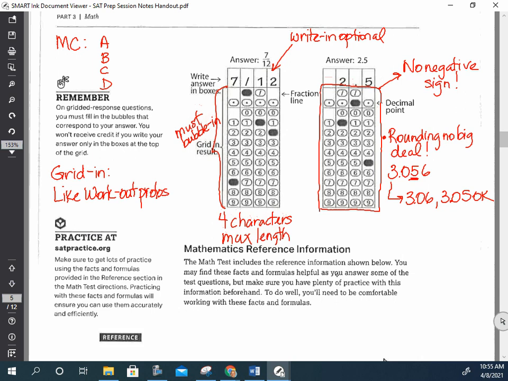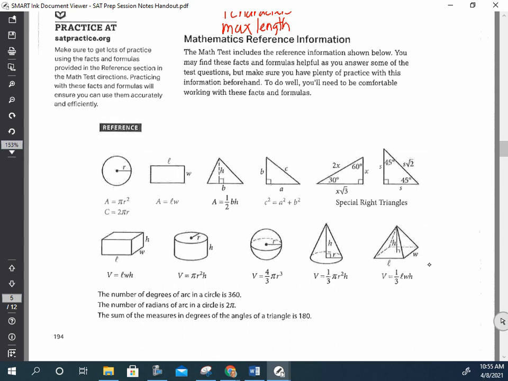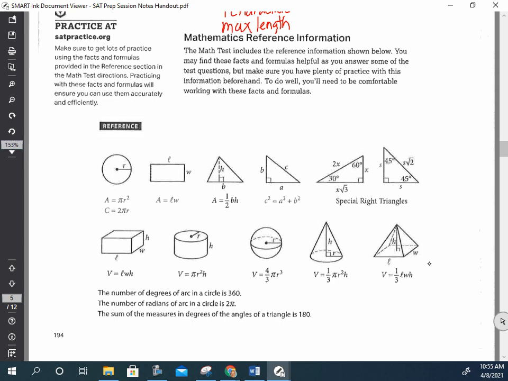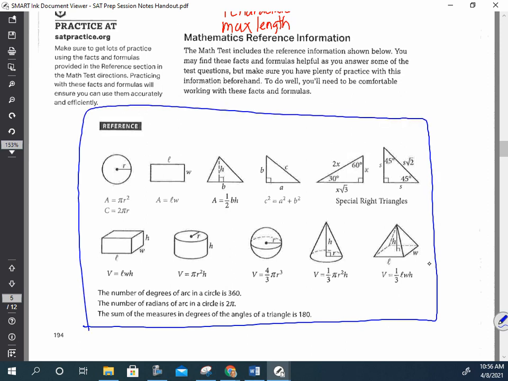All right. And next part. Now, there are some of you that geometry might have been a struggle for you. All these formulas that you see on the screen, you get when you take the SAT. They will literally give you a sheet that has all these formulas on it.